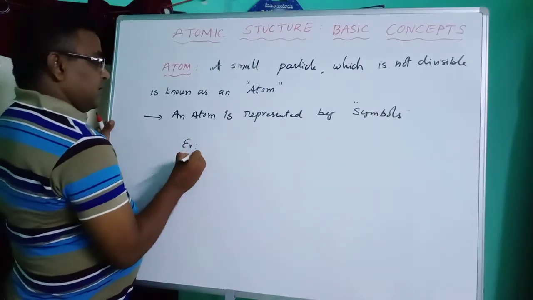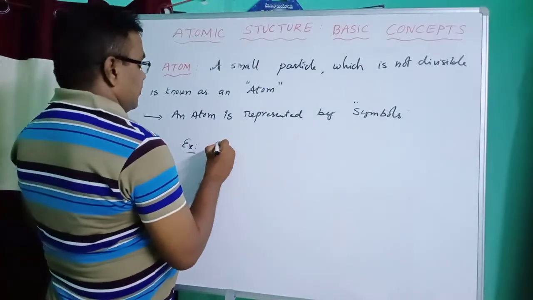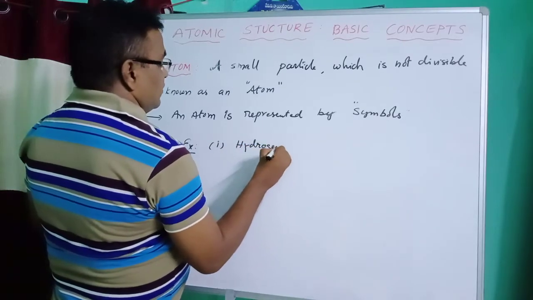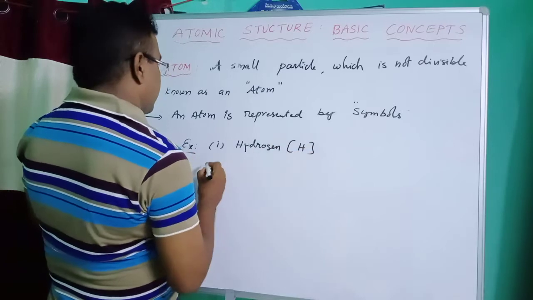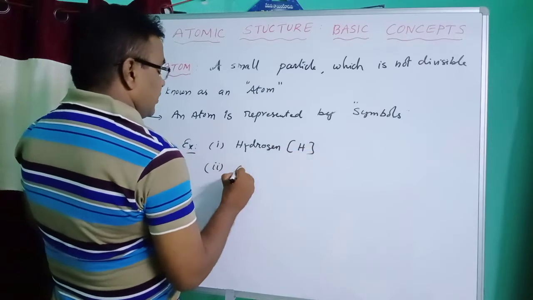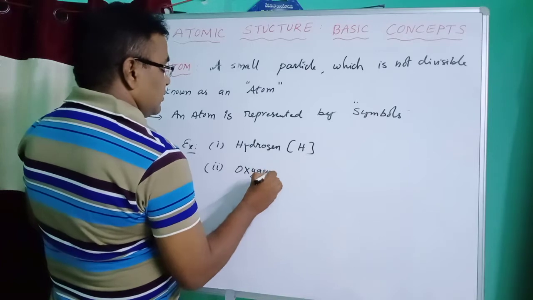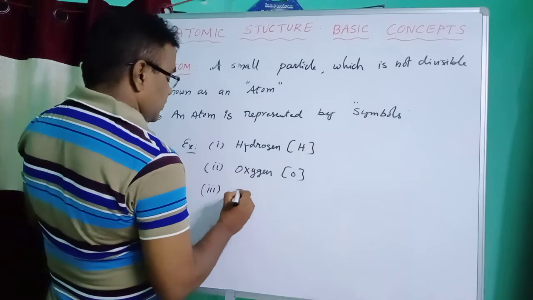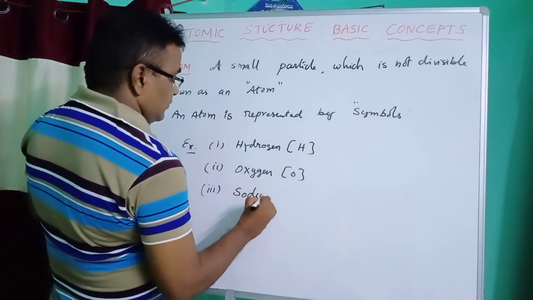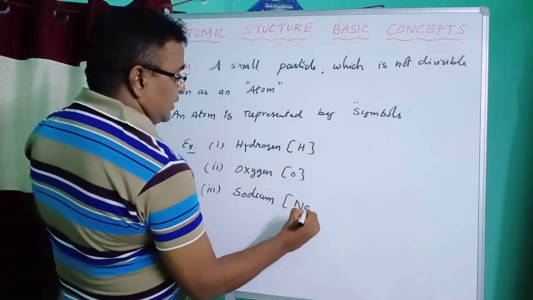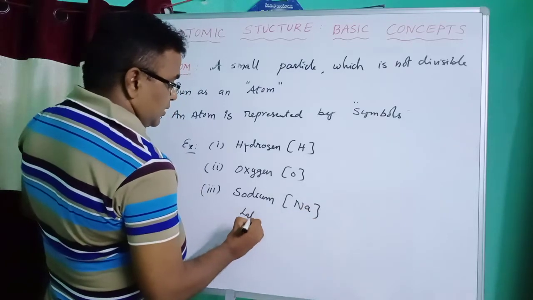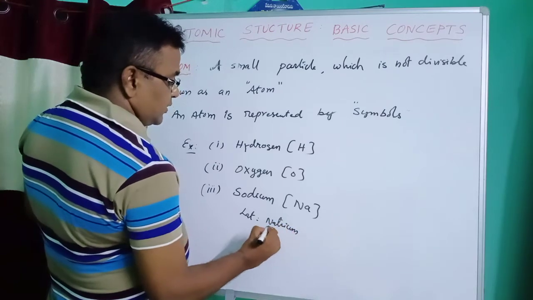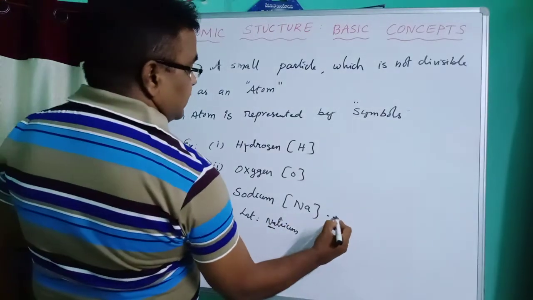So example is: one, hydrogen, symbol is H. Second one is oxygen, symbol is O. Third one is sodium, the symbol is Na, but sodium's Latin name is natrium. In natrium the first two letters are Na, so etc.